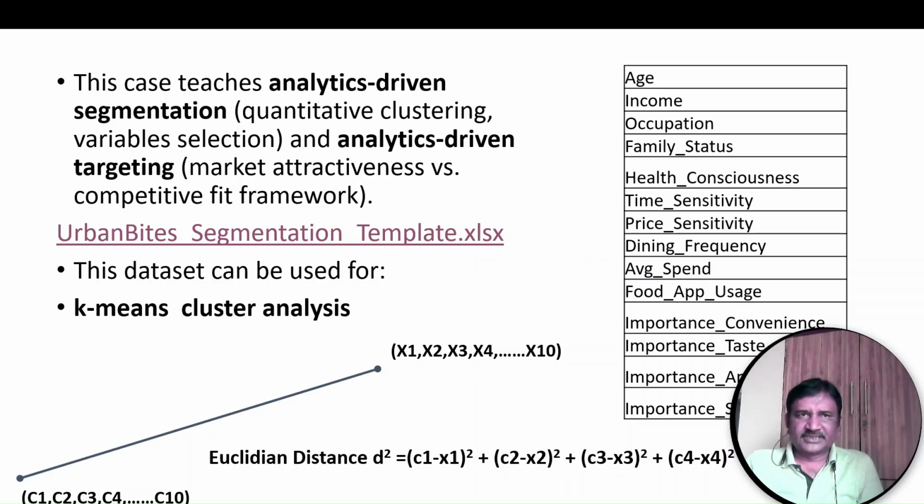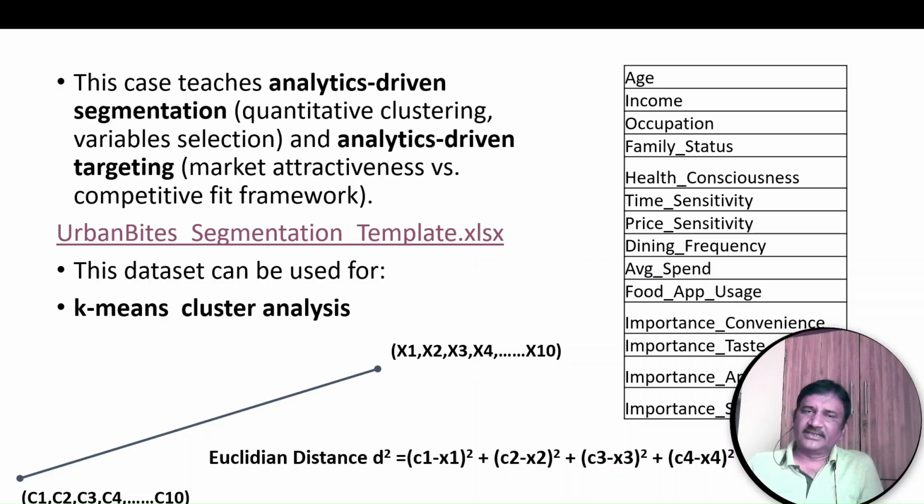Then analytics-driven targeting, that is the market attractiveness versus competitive fit framework, right? I'll be showing you the urban segmentation data which we have collected, and then we will be doing K-means cluster analysis, because cluster means forming different groups, and segmentation is also forming different groups. The purpose of both things is the same.